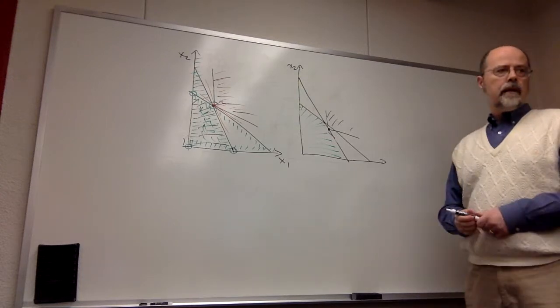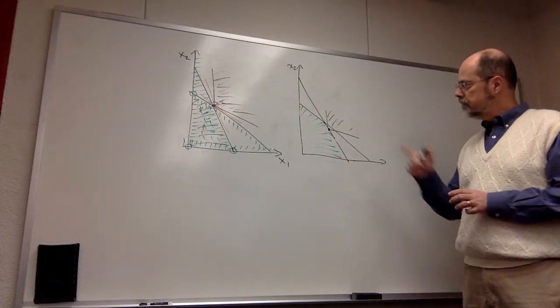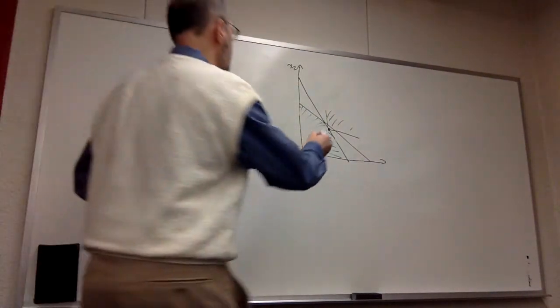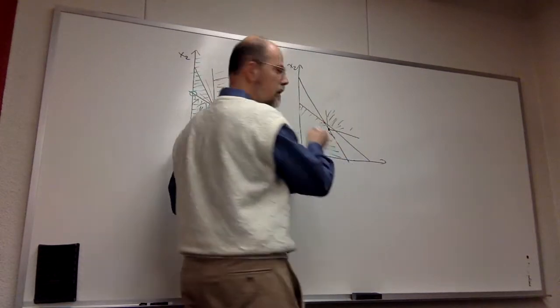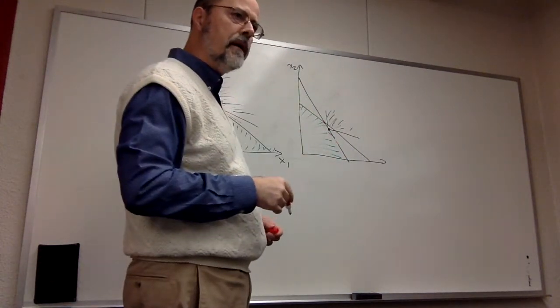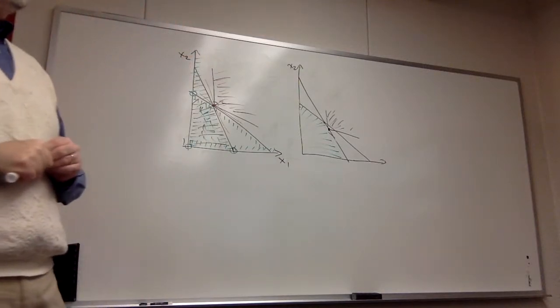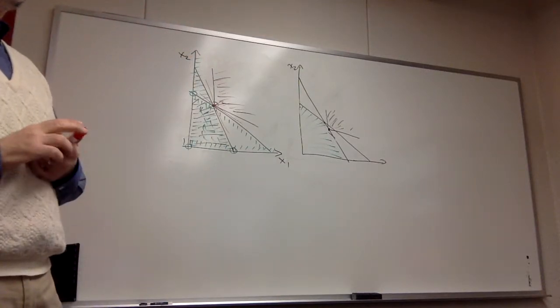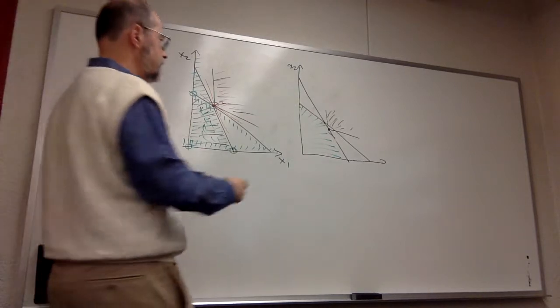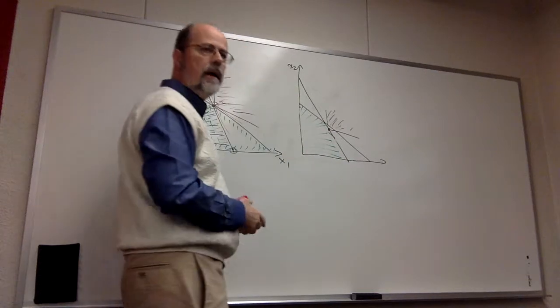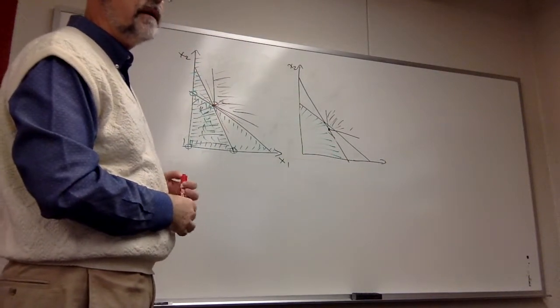Okay. Everything I said before applies to this. There will be a separating hyperplane that separates the strict upper contour set, the interior of this, from the constraint set. But we don't have a lot of freedom. In fact, we have no freedom in choosing this hyperplane. It's dictated by the slope of this constraint, which is the only binding constraint.